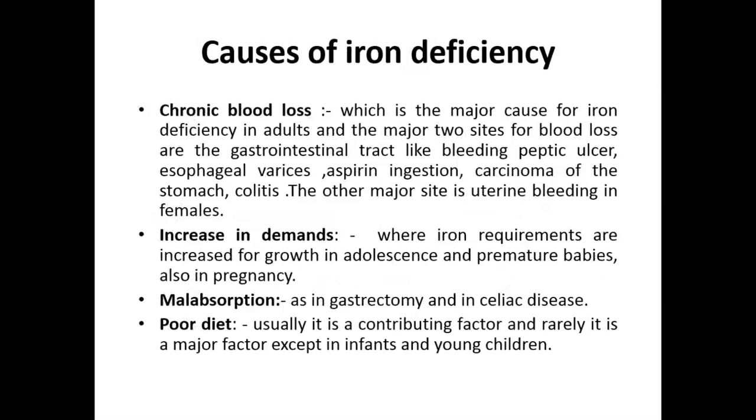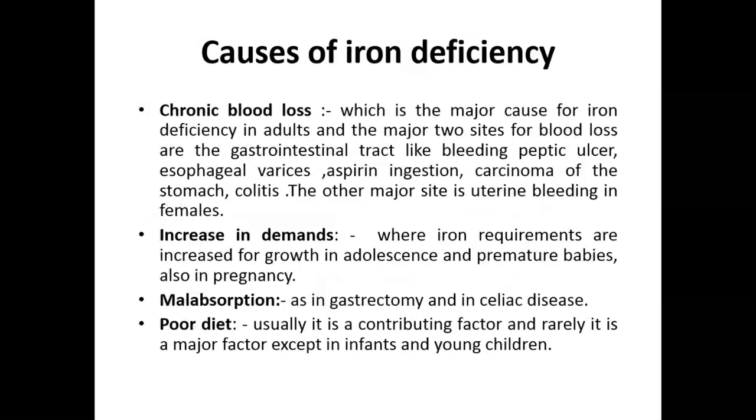Now, what could potentially cause iron deficiency? Keep in mind, and this is a very important factor, that we have two major important causes for iron deficiency, which is chronic blood loss. This is the major cause of iron deficiency in adults. The major two sites for blood loss are the GIT, like bleeding peptic ulcer, esophageal varices, aspirin ingestion, CA of the stomach, CA of the colon.